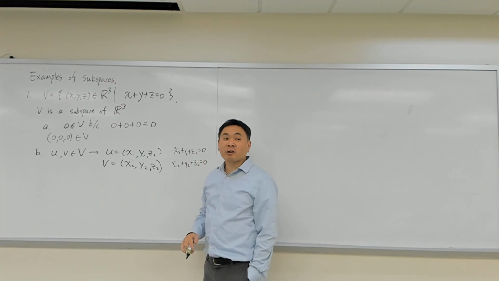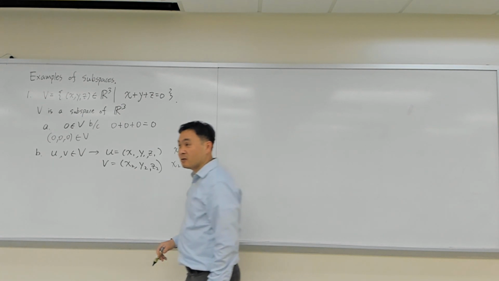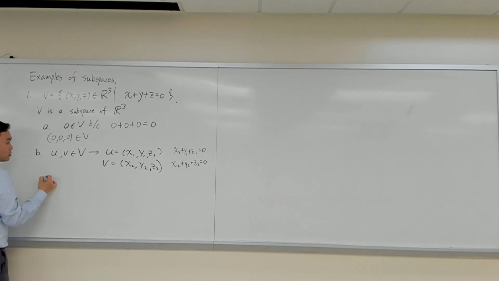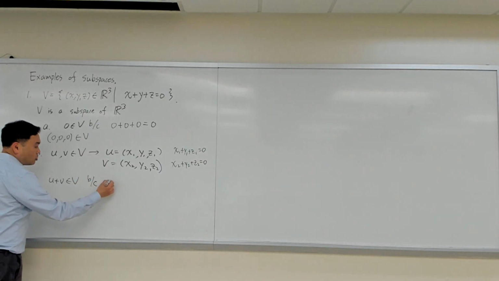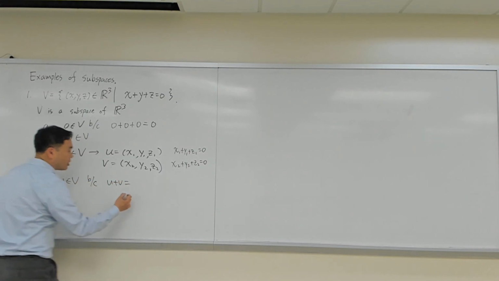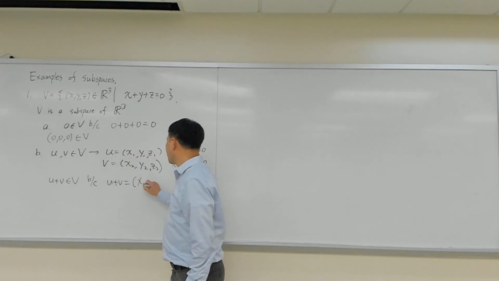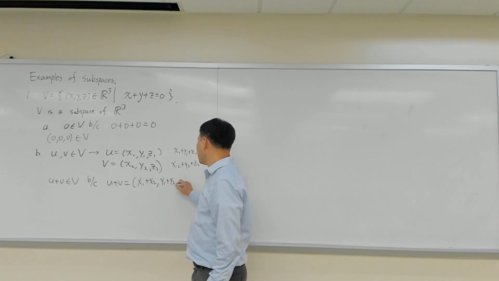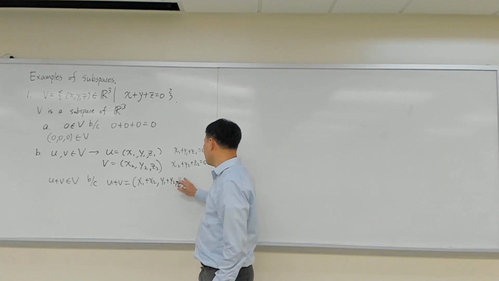Now what are we trying to prove? If this is true, then we have to prove that u plus v is again in V, right? That's what we are trying to prove. If you write them down, u plus v is (x1 plus x2, y1 plus y2, z1 plus z2).